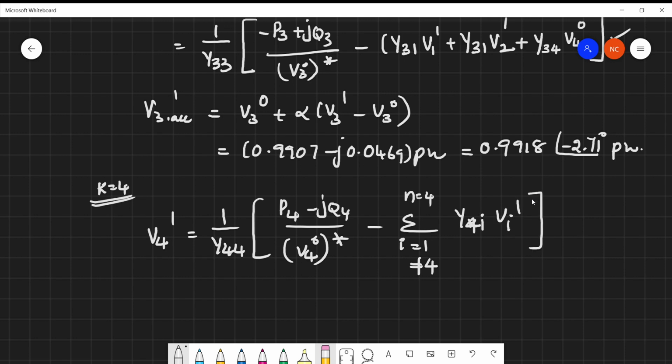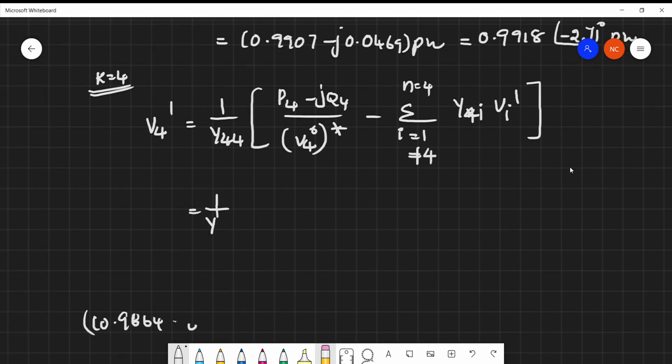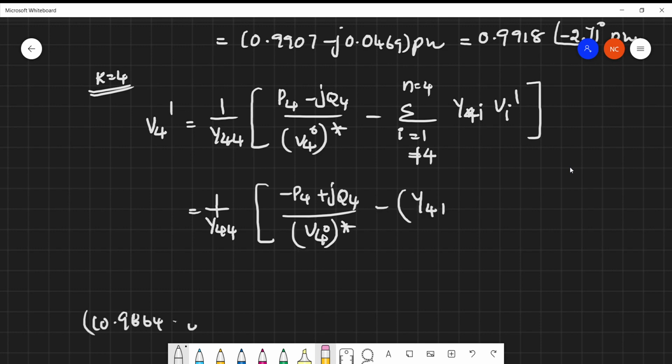By this time you will know how to do the expansion, but still for your convenience I am writing 1 by Y44 into minus P4 plus jQ4 by V4 0 conjugate minus Y41 V1 updated plus Y42 V2 updated already. Next Y43 V3 updated. So I can't be 4, so don't write anything. So you'll have this value.